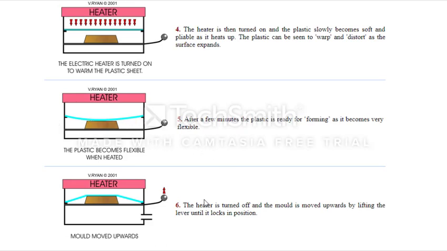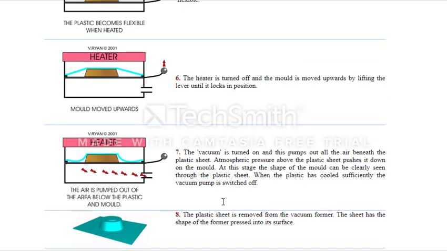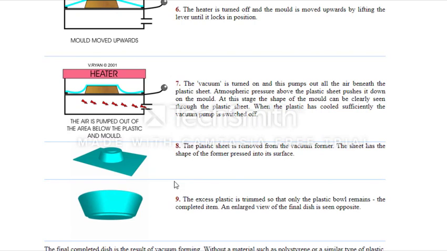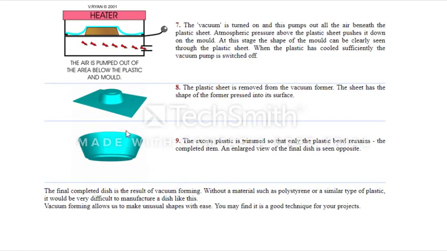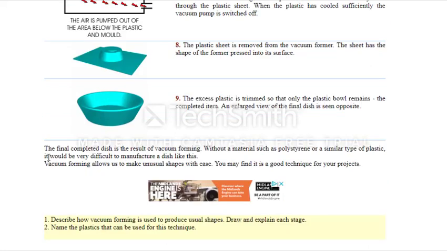Then you pull the platen lever, or the platform lever. This takes the former upwards and forces it into the polystyrene sheet, causing it to form a mold around the former, and then you end up with the vacuum formed shape. Okay, so that's how you would answer the question. So technologystudent.com vacuum forming. If you do a search for it on Google, you should be able to find it.